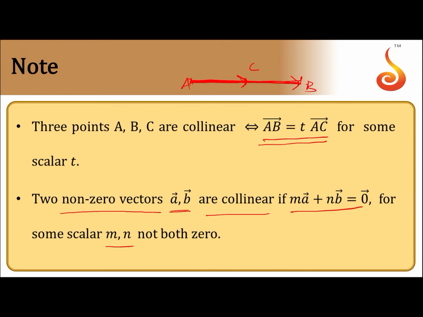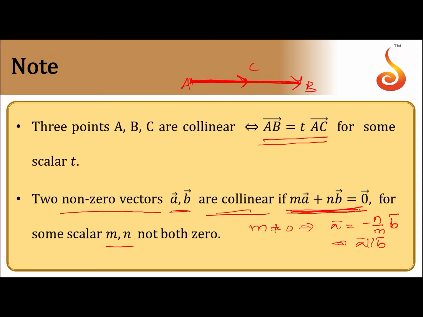This linear combination of a, b must be the null vector, where m, n are not both zero. At least one of them is not zero. That means if m is not equal to 0, I can say a bar is equal to minus n by m times b. That implies a bar is parallel to b bar.